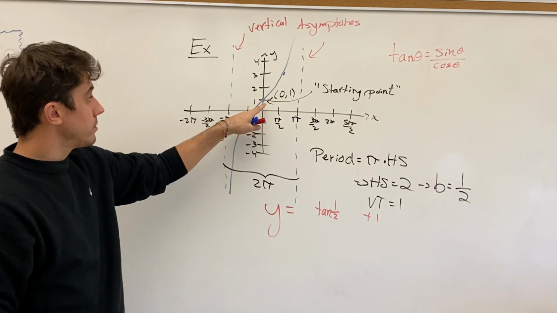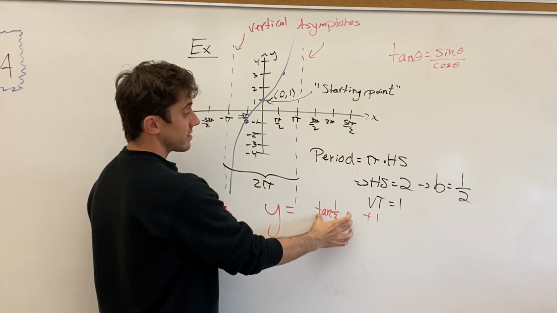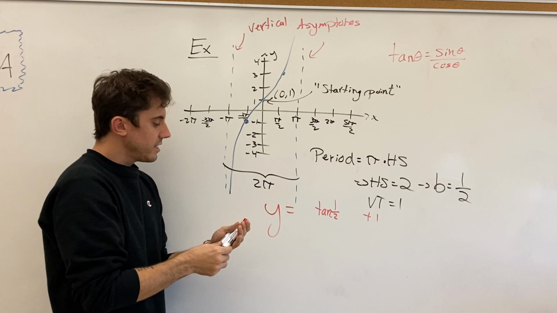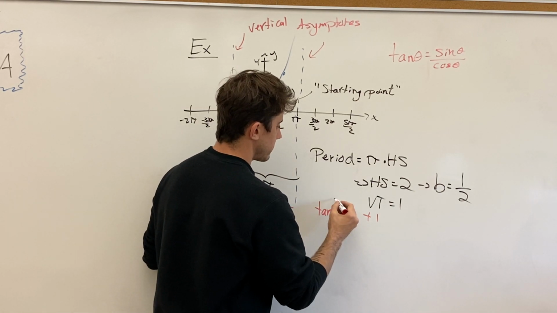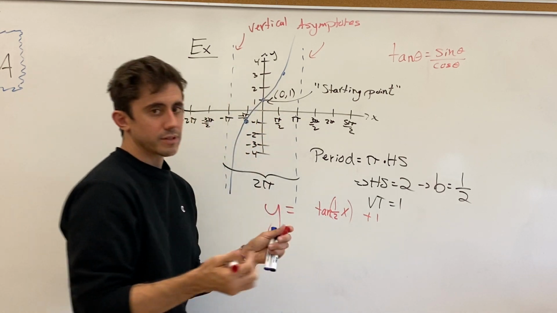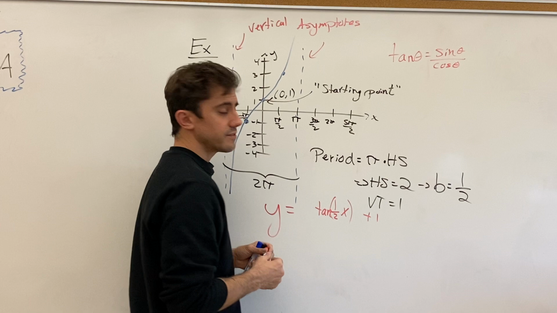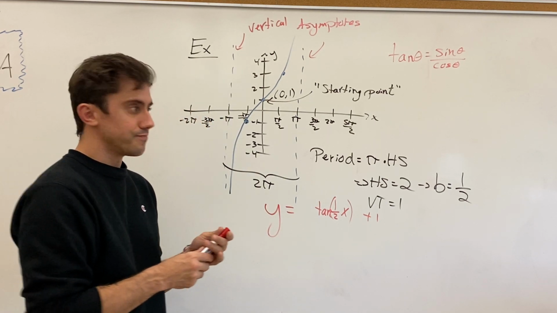There was no horizontal translation to our starting point. And so that means that we're not going to have anything inside the brackets of x minus or plus something else. We're just going to have tan of 1/2 x. We can put brackets around 1/2 x. They are redundant, but I know that's often how these functions look, and so feel free to add them in if it makes you happy.